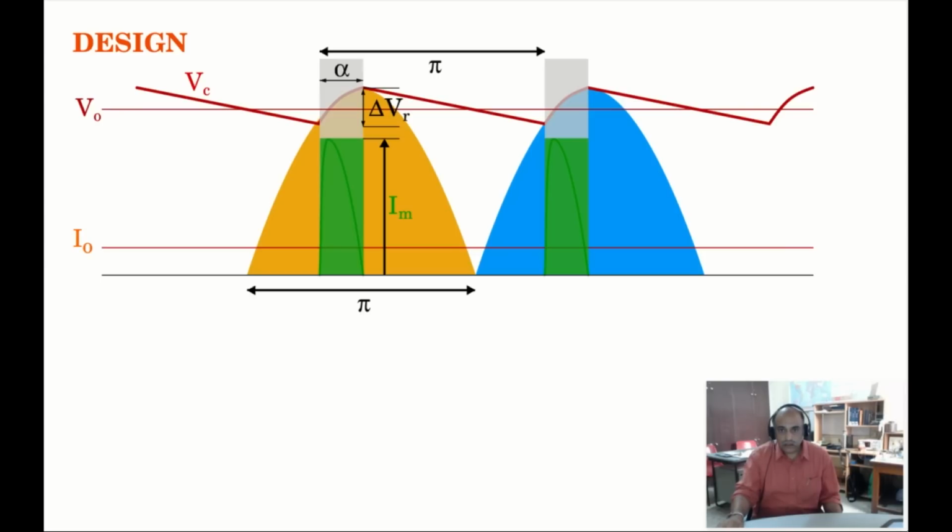Two more variables are the peak value that the capacitor will take, Vm1, and the minimum value it will discharge to, Vm2, in the steady state. So using these variable definitions, we shall now calculate what should be the value of the capacitance and also the currents that should flow through the diodes.